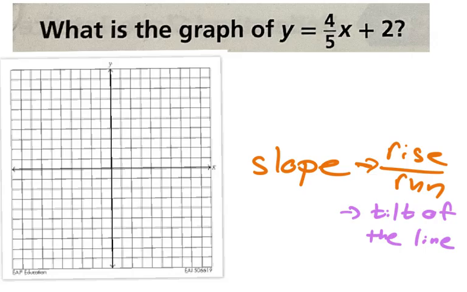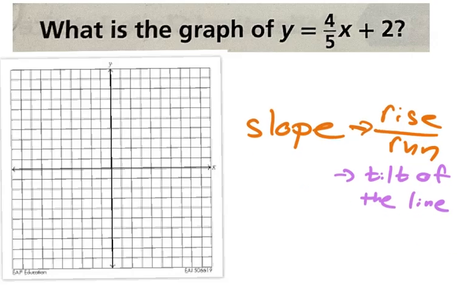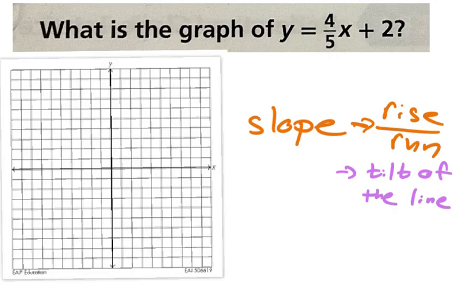Do you know what I mean when I say that? Tilt of a line? How tilted it is? Okay. Anything else? I could define slope for days. It's a great word.